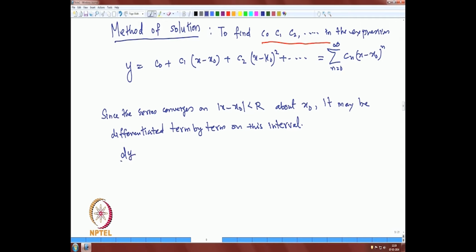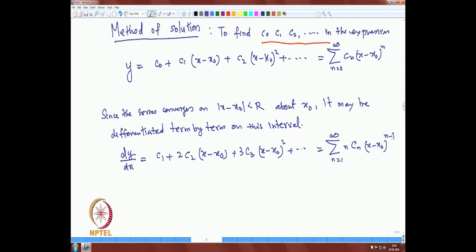See, dy by dx is the derivative of y, which is C1 plus 2C2 (x minus x0) plus 3C3 (x minus x0) square plus etc., which is summation n goes from 1 to infinity n Cn (x minus x0) to the power n minus 1.